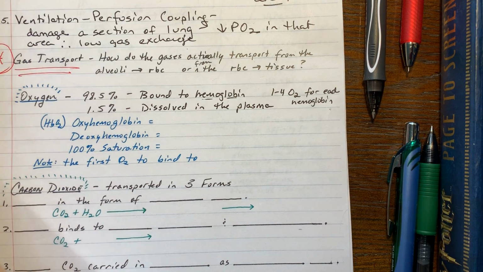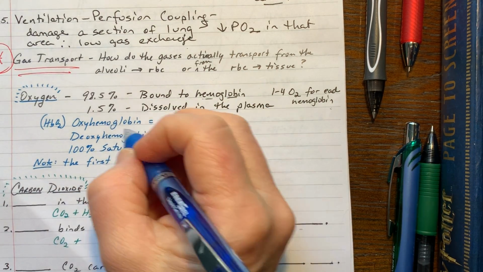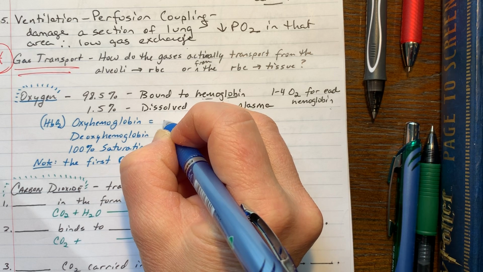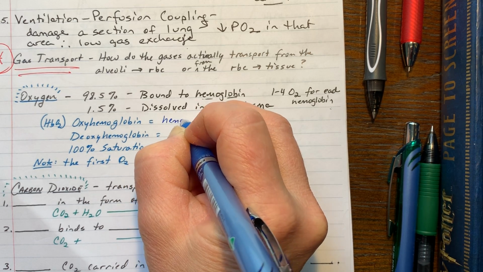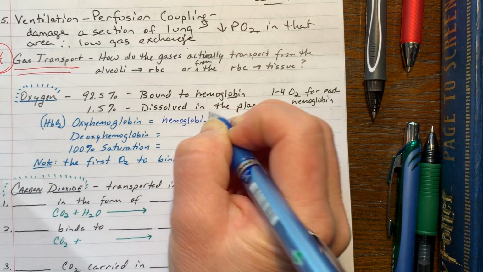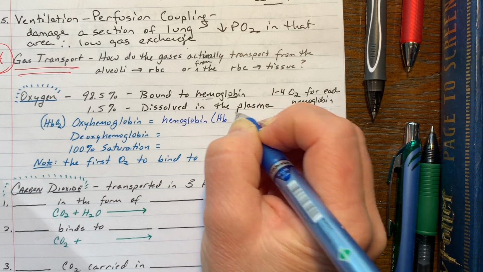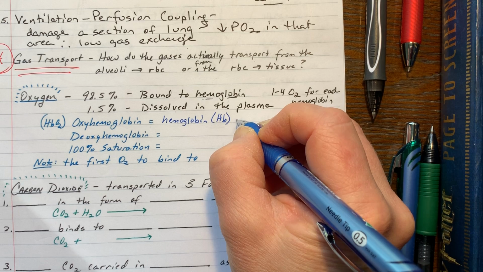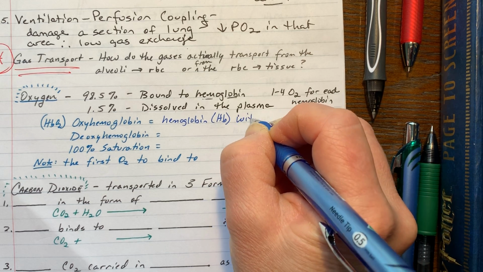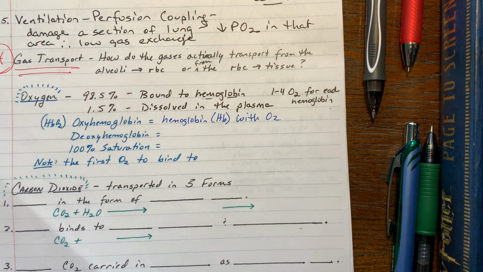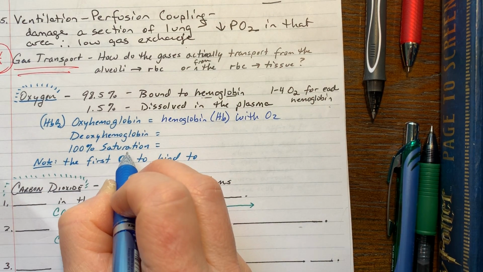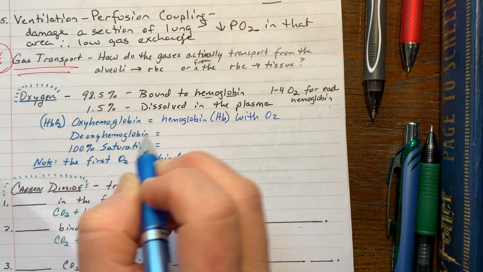So oxyhemoglobin is hemoglobin, which is signaled by Hb, with oxygen. Now, it could be 1 to 4, like we just said. So right here, 100% saturation, what does this mean?